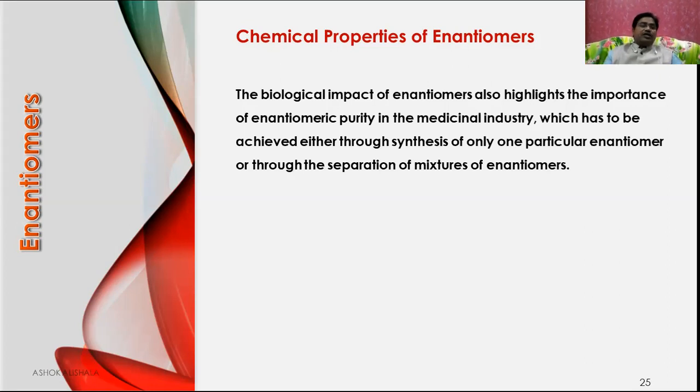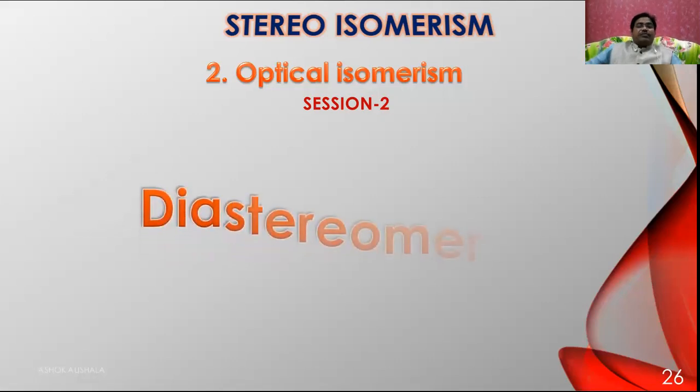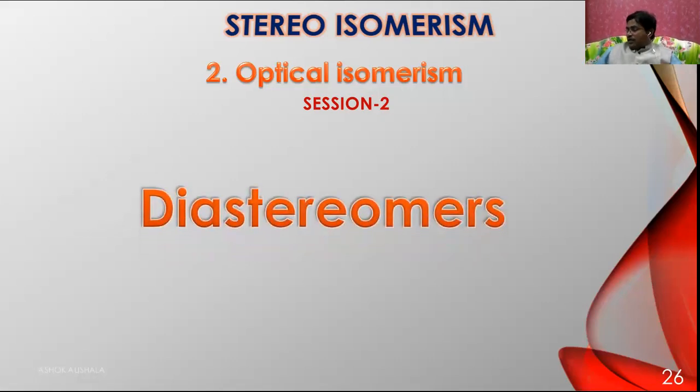Then let us go to the other stereoisomer in optical isomerism. After completing enantiomers, let us discuss diastereomers. Mainly in optical isomerism, we are discussing today one is enantiomers, another is diastereomers. Let us see what a diastereomer is.